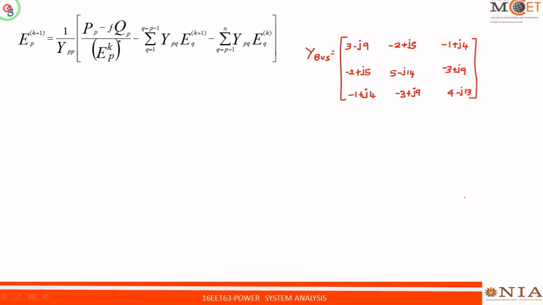Now step 3. Step 3 is to calculate the voltage magnitudes of bus 2 and 3. This is the expression which we have used for calculating the voltage magnitude of the buses of the zeroth iteration or first iteration. So now let me substitute P equal to 2 and K equal to 0. P equal to 2 is the bus in which I want to calculate the voltage magnitude, and since it is the first iteration, I put K equal to 0.